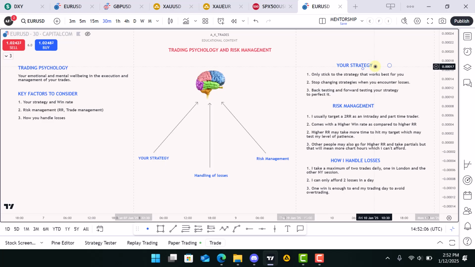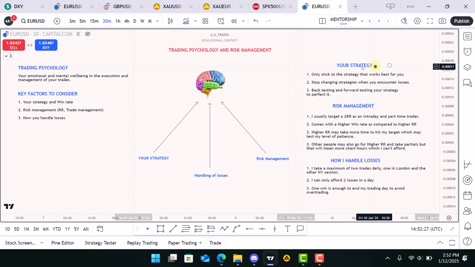And with the forward testing, what I did was to buy a challenge account to do that. Because what I also realized is that when there is no amount of money involved, you don't take your strategy seriously. You don't take trading seriously.